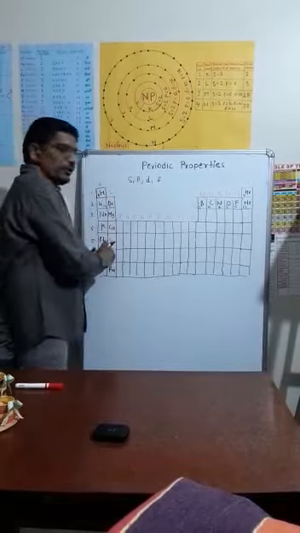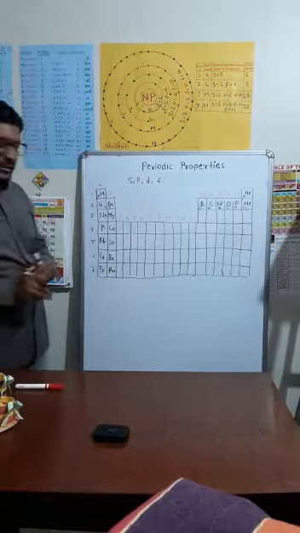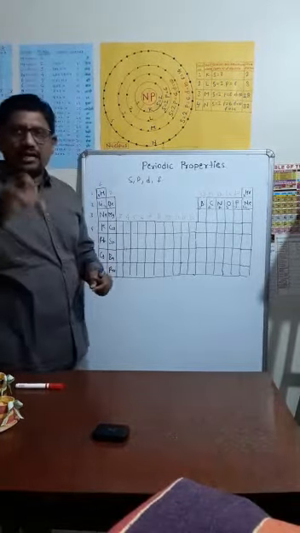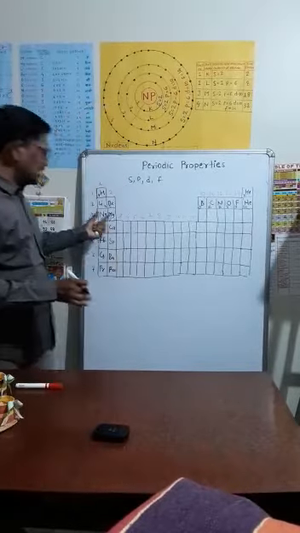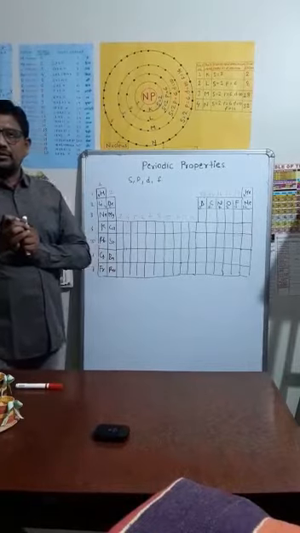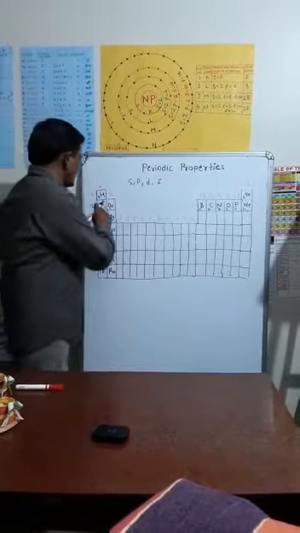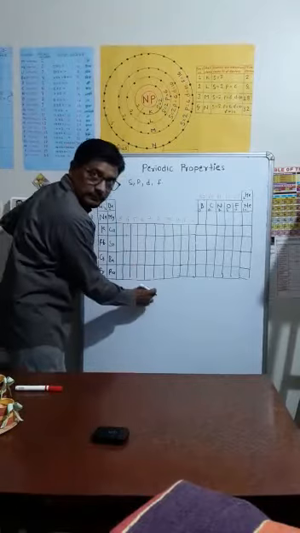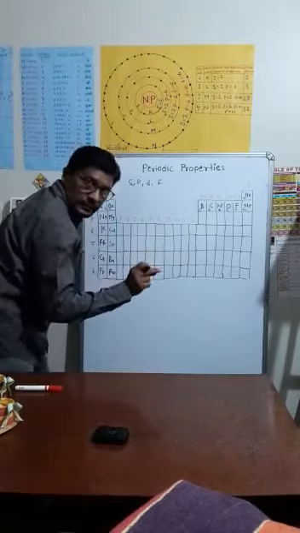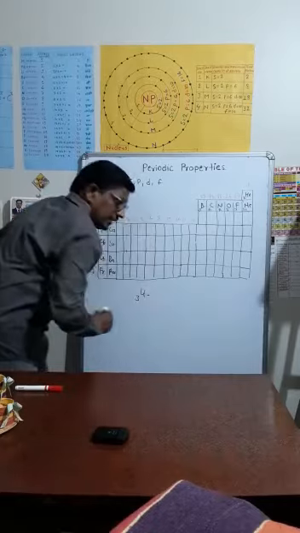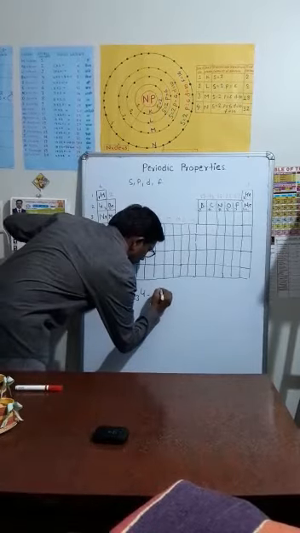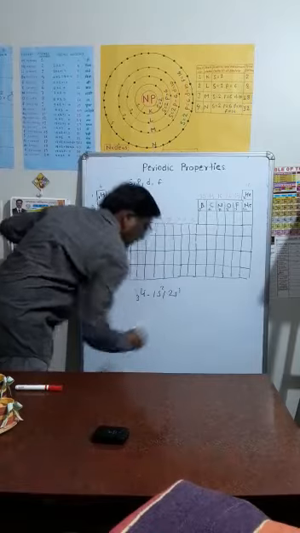These elements are known as S block elements because in them the last electron enters the s orbital. For example, lithium has atomic number 3. The electronic configuration is 1s2, 2s1.